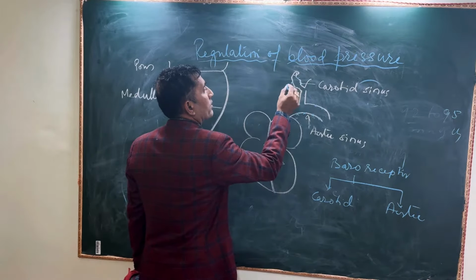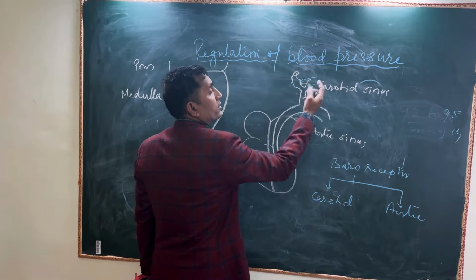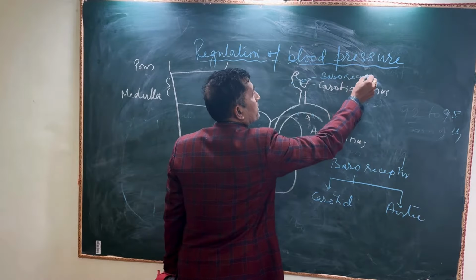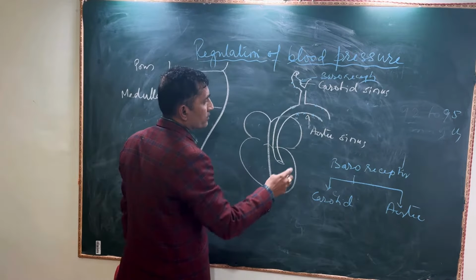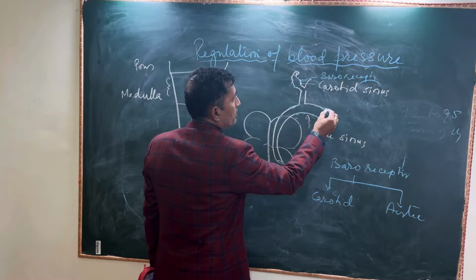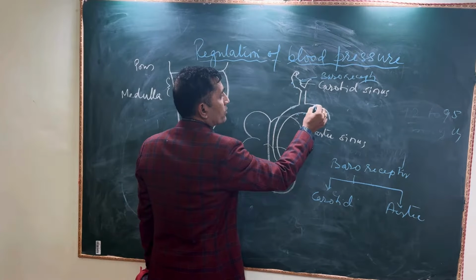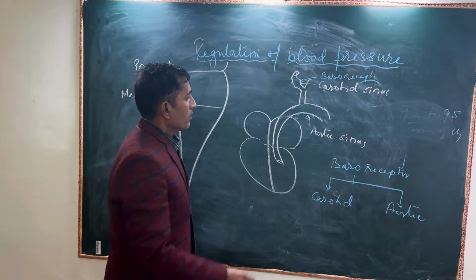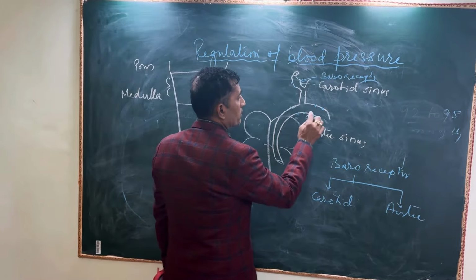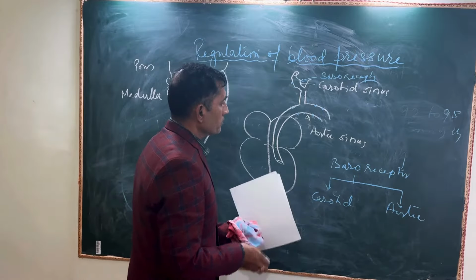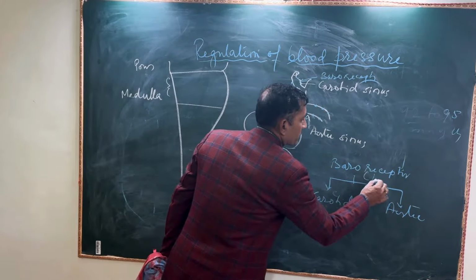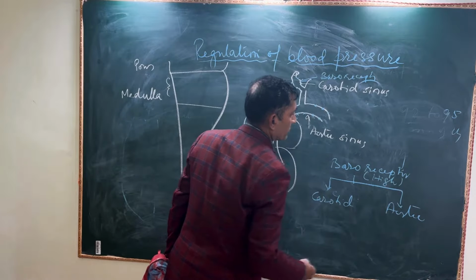I am just showing you the baroreceptors present in the carotid sinus, and with this cross, I am showing the location of the aortic baroreceptors. This is high pressure receptors.